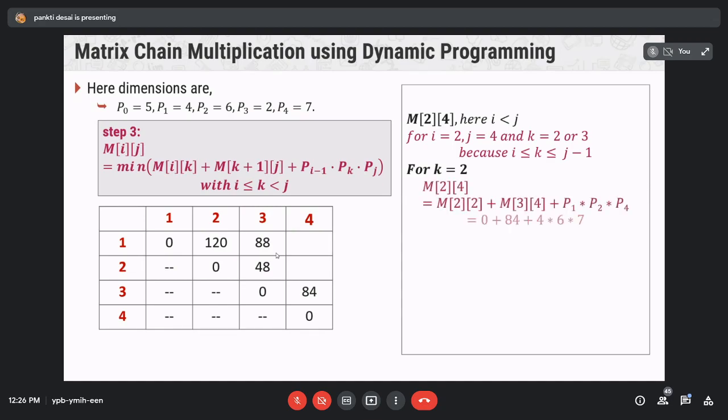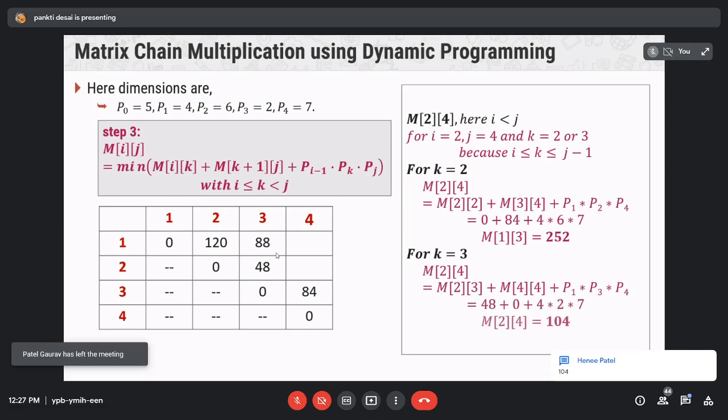So what is the value for k equals 2? That is 252. Now find the value for k equals 3. The cost is minimum, 104.